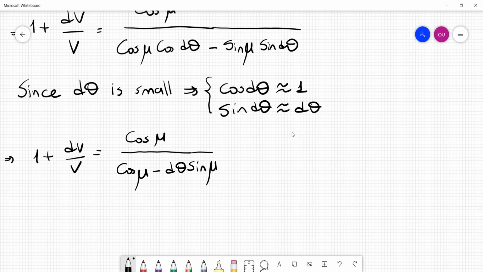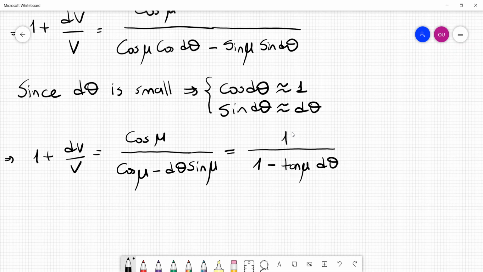Okay, and in fact, one can write this as, if I take this cosine mu to the denominator, 1 over 1 minus tangent mu multiplied by d theta. So now it is a quite simplified equation.